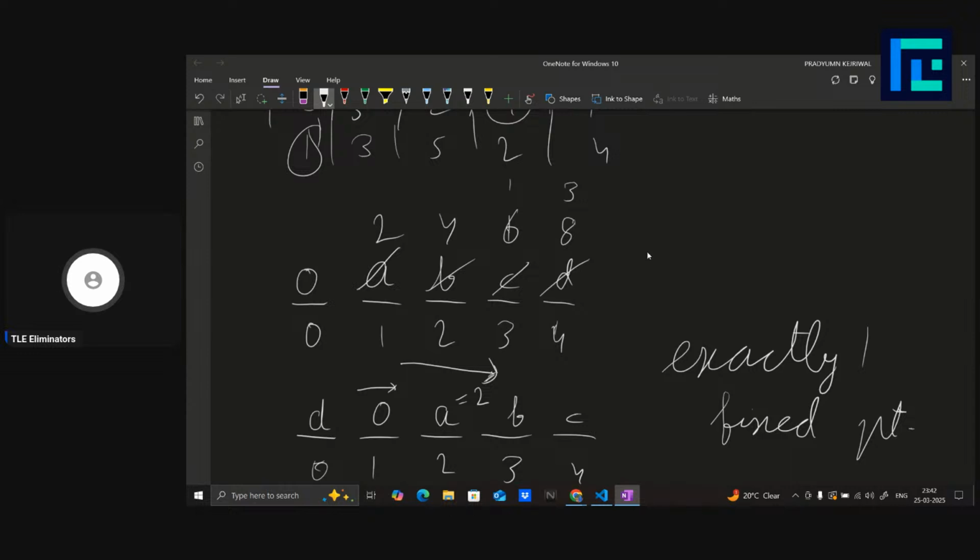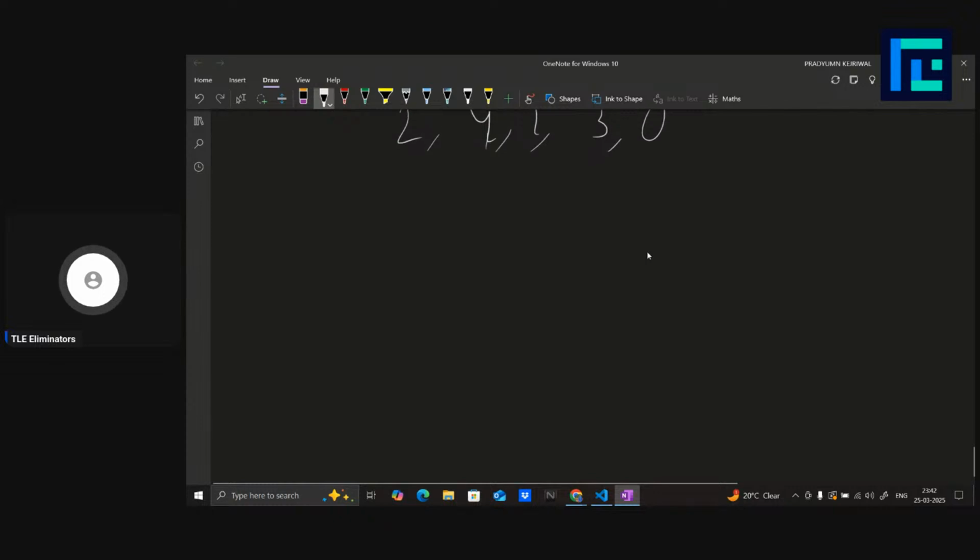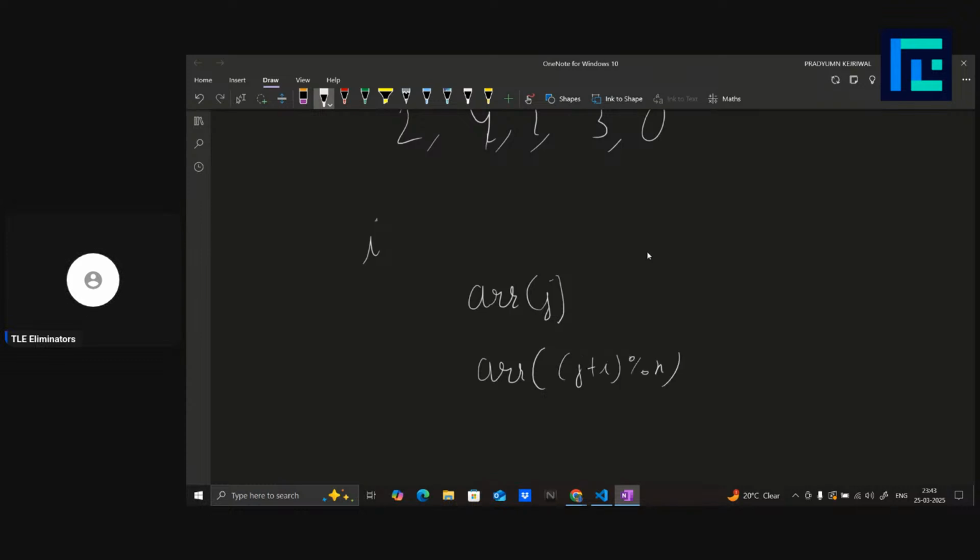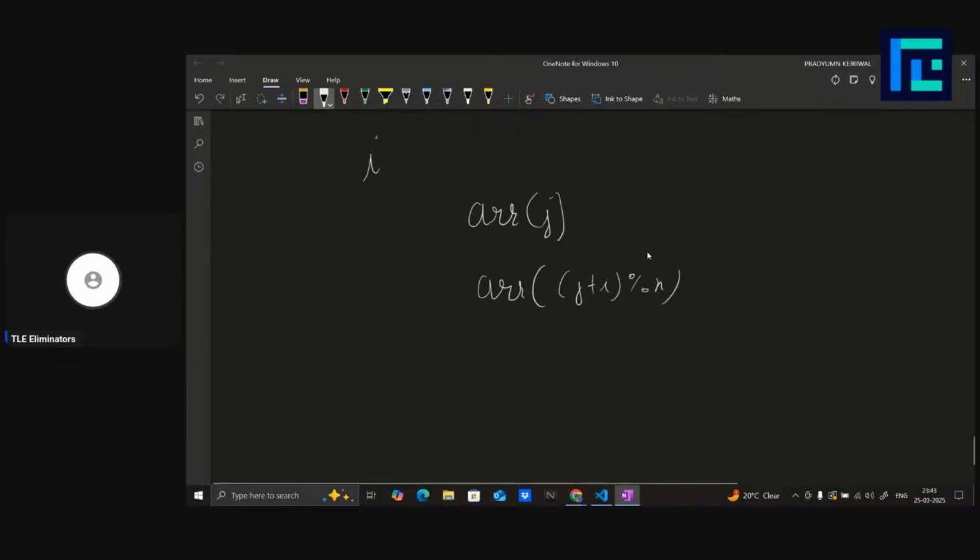Since we are cyclically shifting it, the mod n comes into the picture. Basically, if you have shifted the array I times, then your current arr of j becomes arr of (j plus I) mod n. For a cyclic array, I hope everyone knows that you just take mod n.